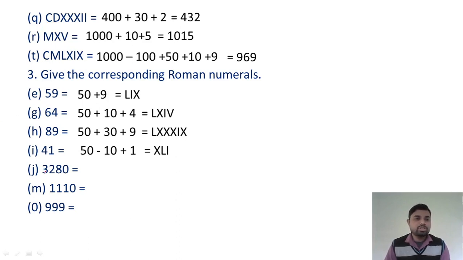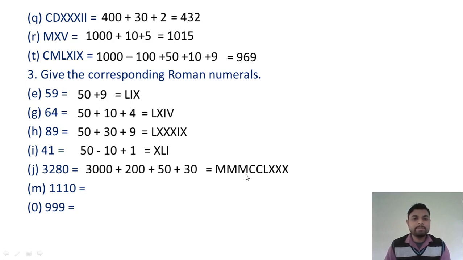Next, 3280. Very easy. So write first in this way: 3000 plus 200 plus 50 plus 30. You know 3000 means what? 1000 means M. So 3 times M. 200 means 2 times C, CC, 50 is L and 30 is XXX.